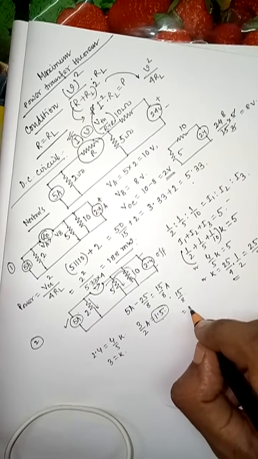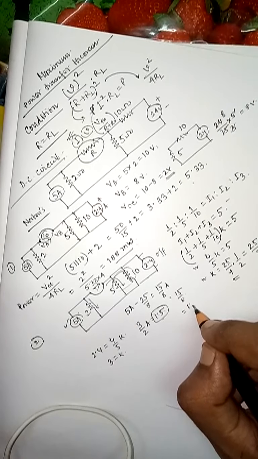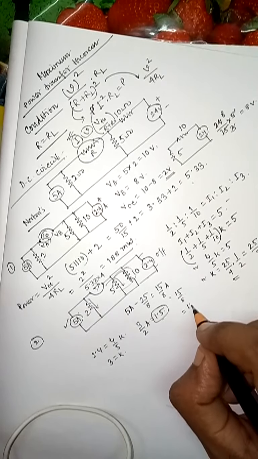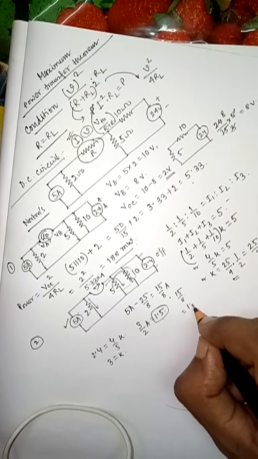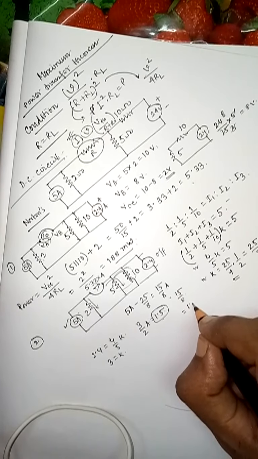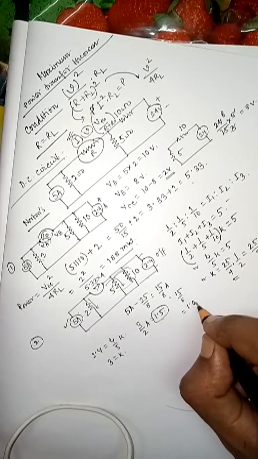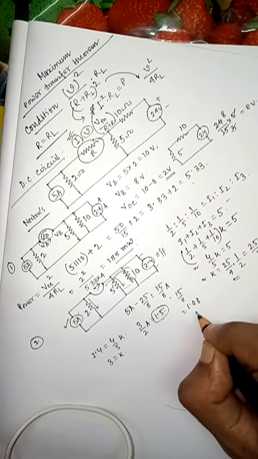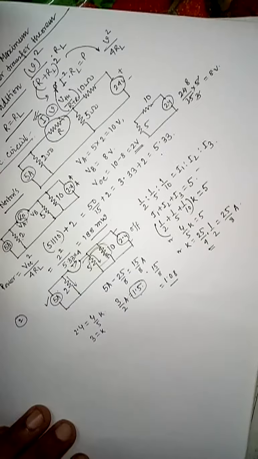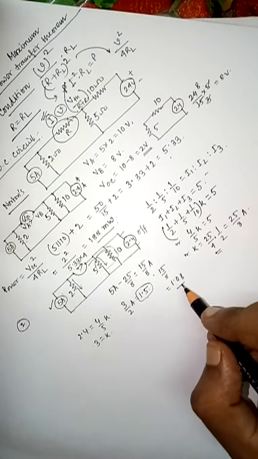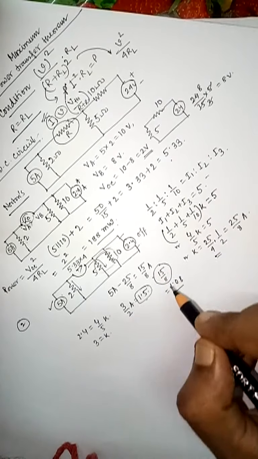So 1.5, so what is the value? You can see that is 1.08. Okay. As you can see here, that is 15 by 8 I have evaluated right here.